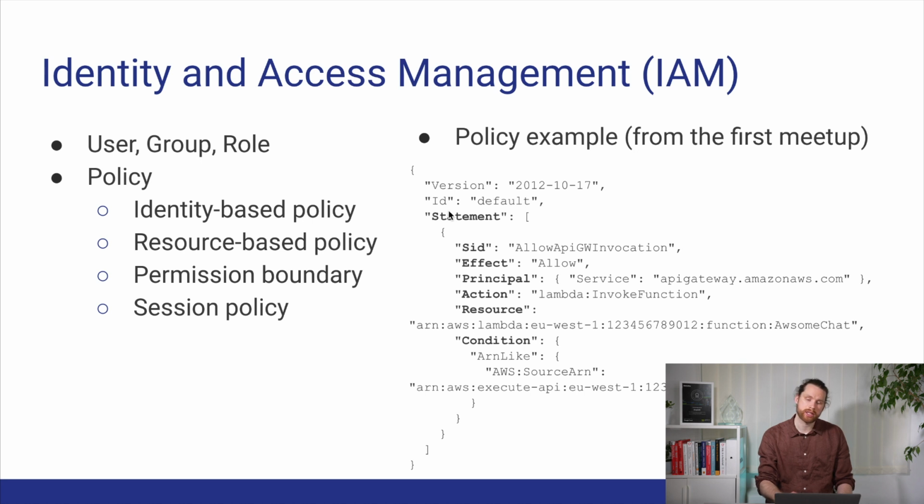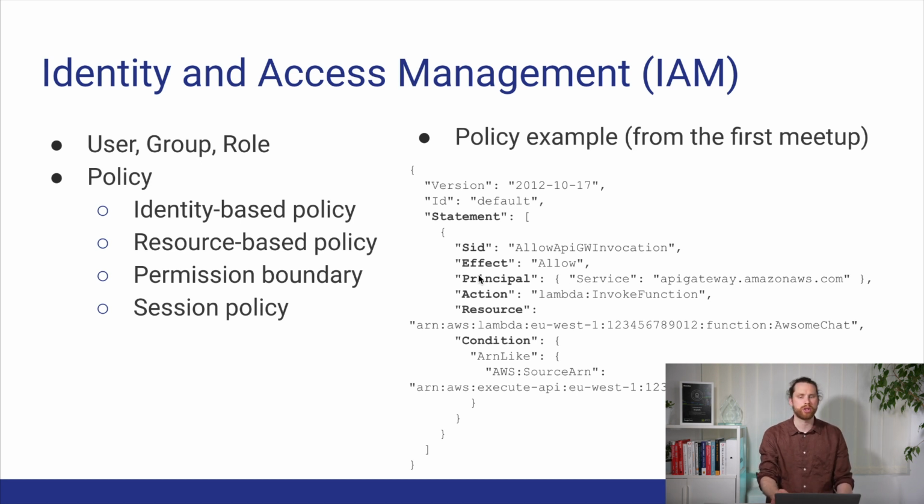We have the Statement attribute that is an array with statements. Each statement has a statement ID that needs to be unique, and an Effect, which can be Allow or Deny. Obviously, this will define if we can do a certain thing or not.